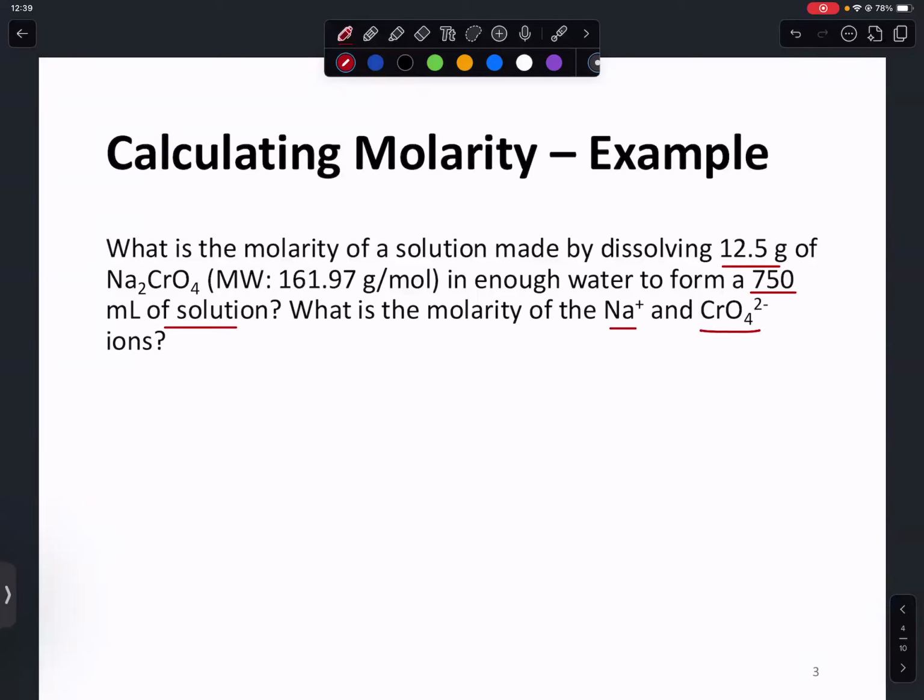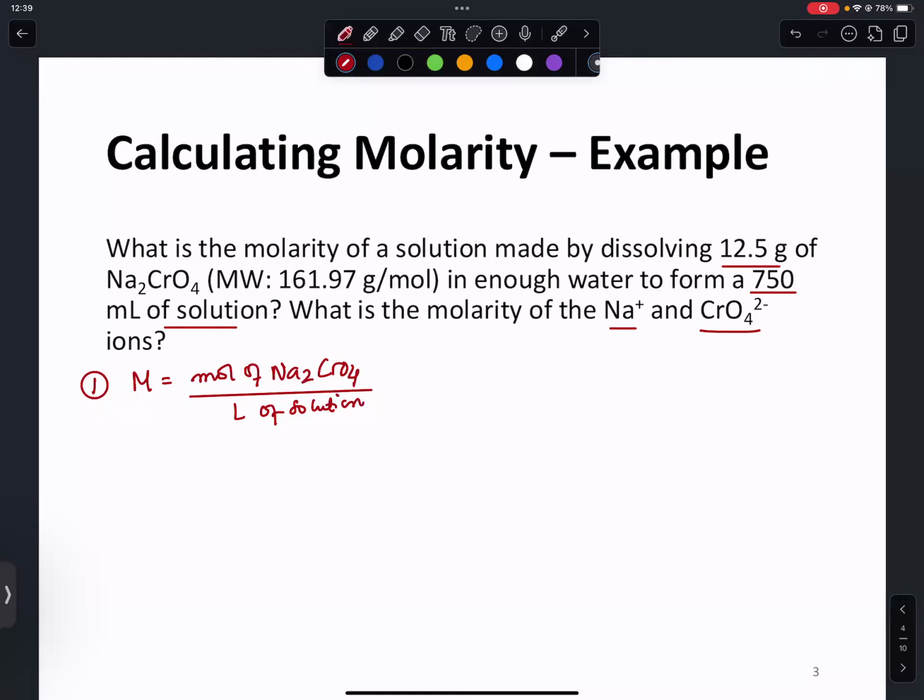It's asking what is also the molarity of the sodium and chromate ions. So let's look at how we can perform this problem. The first thing I want to start with is calculating the molarity of the sodium chromate solution. We agreed that molarity is going to be moles of sodium chromate divided by liters of solution.